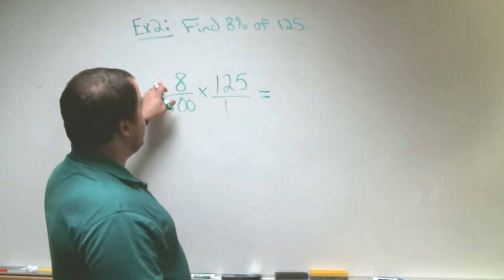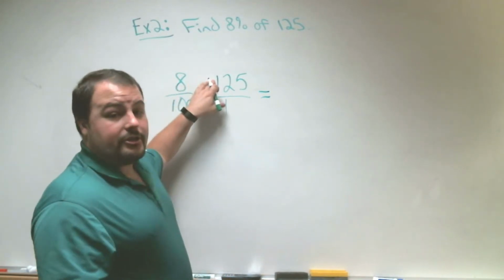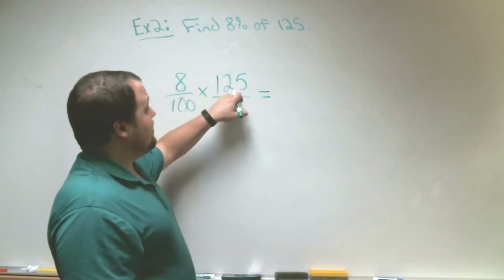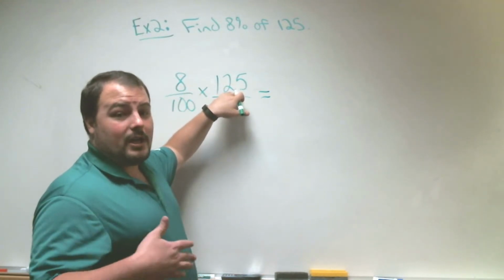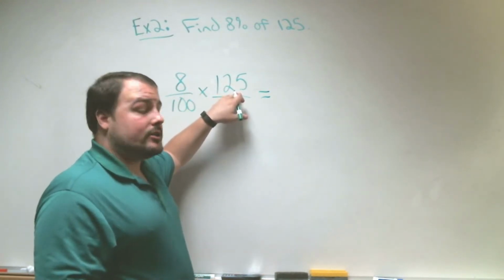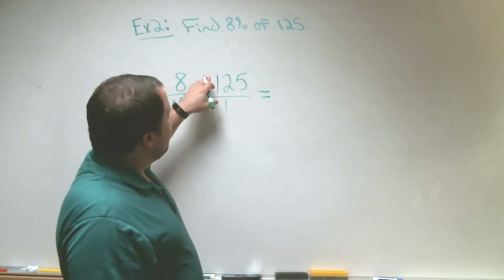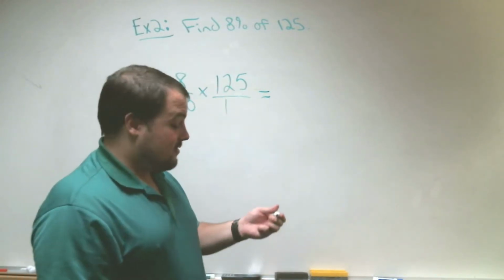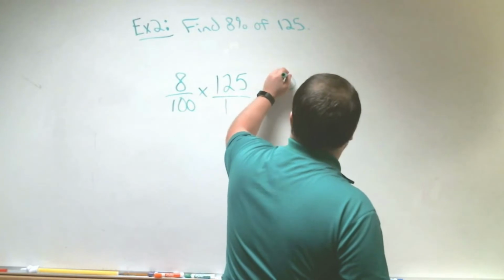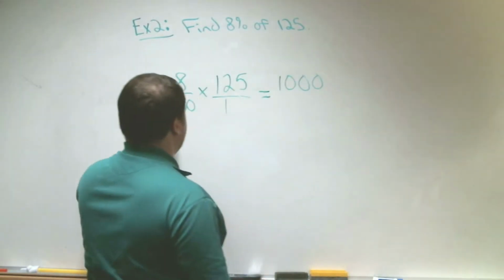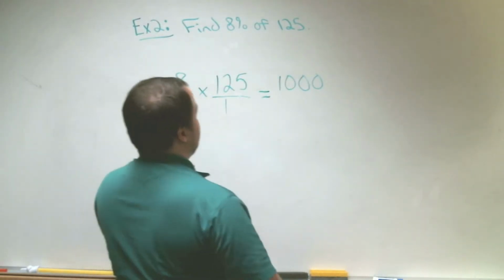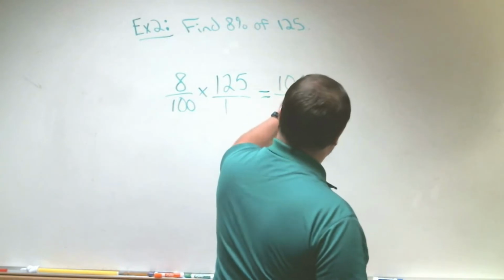8 times 125, 8 times 100 is 800. 8 times 25, well, if I have 8 quarters, I have $2. So really, that's 800 plus 200, which is 1,000. So I have 1,000. 100 times 1, that's 100.